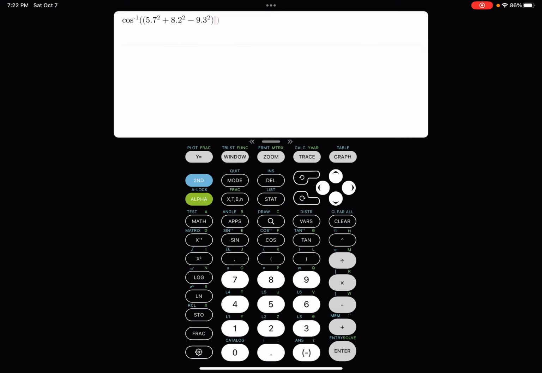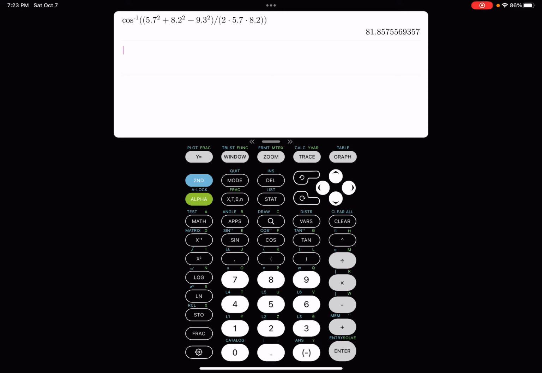Close the parentheses. These are all the information on the top. Divided by the bottom. The bottom is 2 times 5.7 multiplied by 8.2. Close the parentheses. So the top has the parentheses, the bottom has the parentheses. Hit enter.